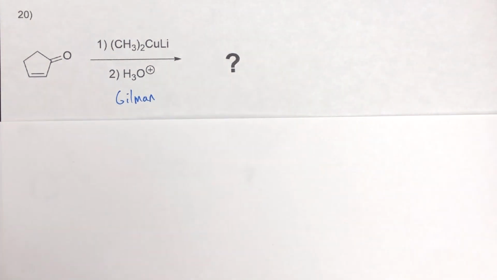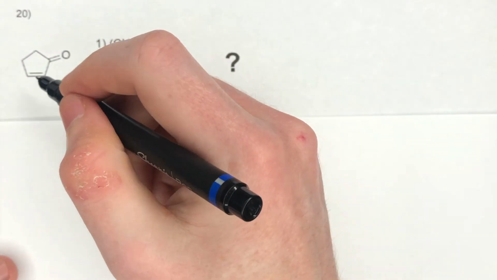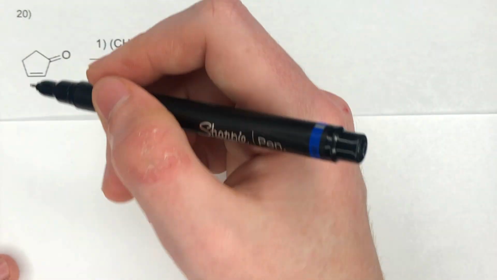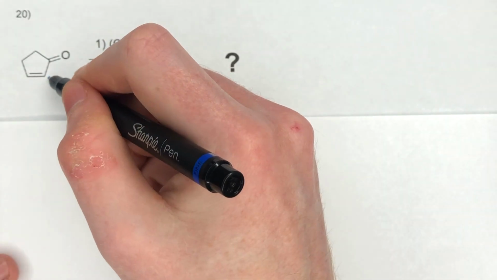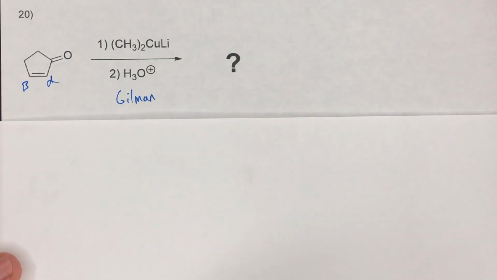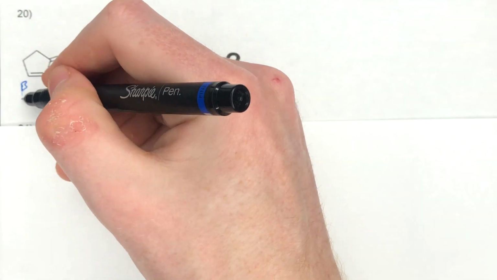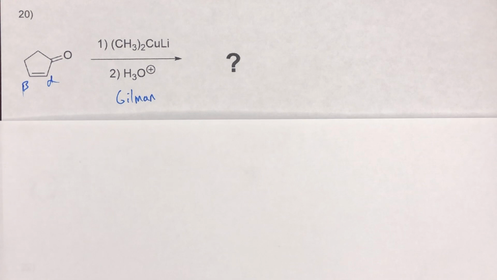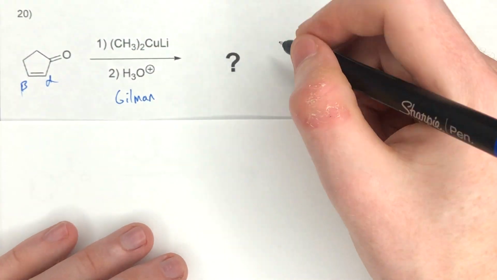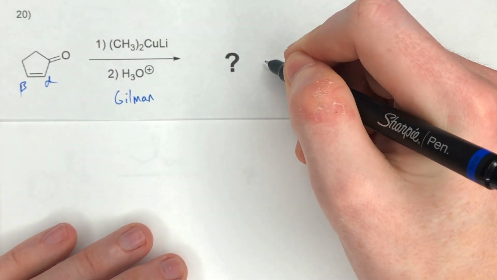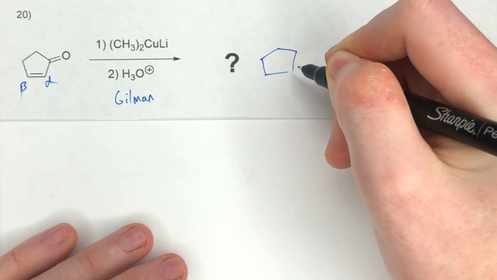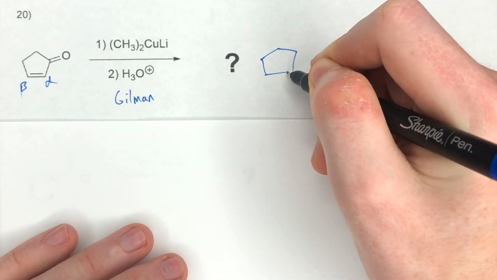So here we have an alpha beta unsaturated ketone, so it's going to add the R group to the carbon position that's electrophilic. So here, it will add the R group to the beta position of the alpha beta unsaturated ketone. So our R group is just a methyl group here, so it's going to add at that position.